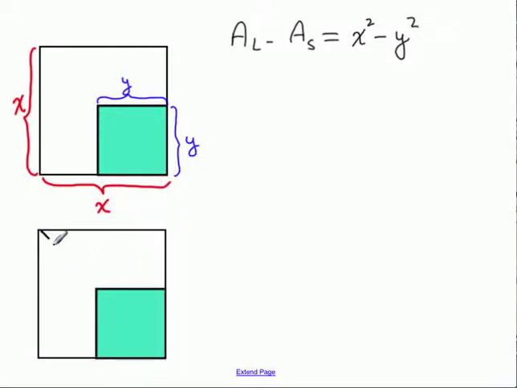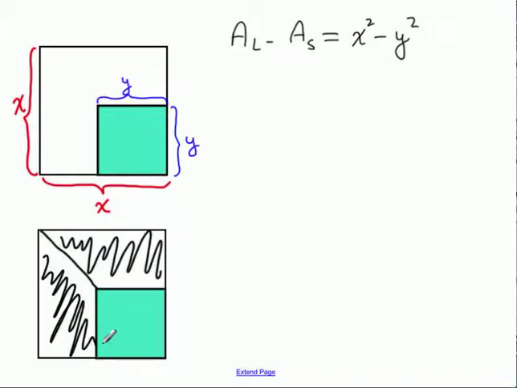Now I'm going to look at this shaded region. I think we can agree that once we remove the blue square, what is left over is this L shape, or this upside down L shape. The area of that would be the area of these two trapezoids. So I'm going to move those over here and redraw them.